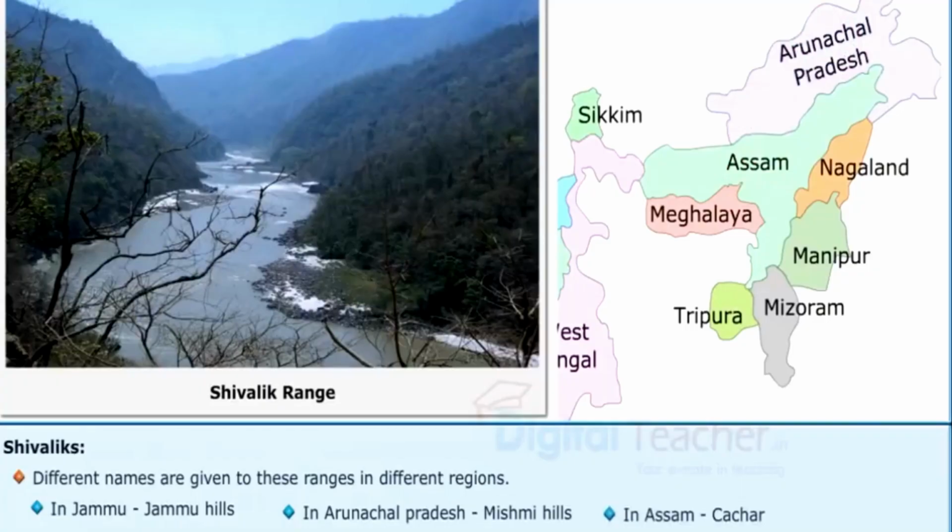They are regionally known by different names: in the Jammu region, Jammu Hills, and Mishmi Hills in Arunachal Pradesh, Kachar in Assam. And in Arunachal Pradesh, they take a hairpin bend to the south, acting as the eastern boundary of India.